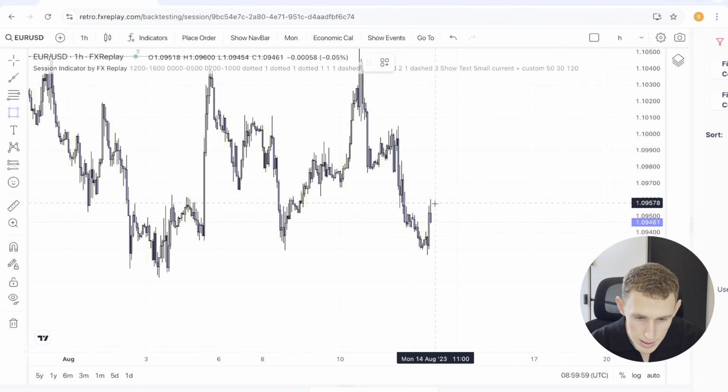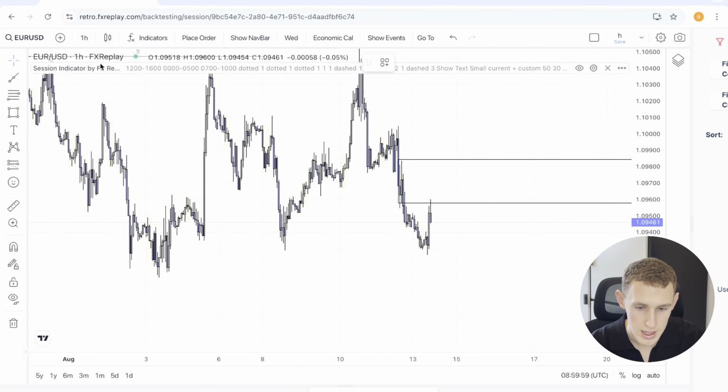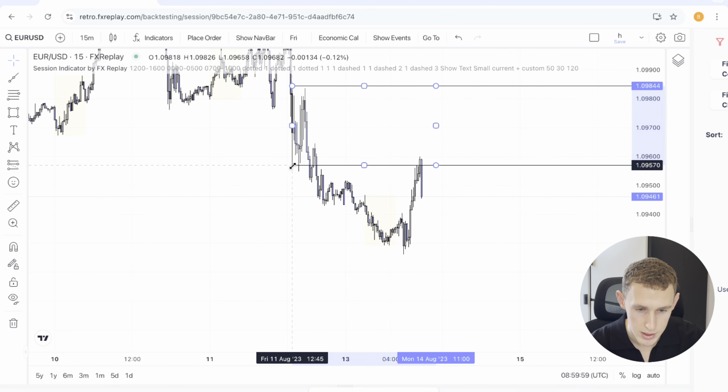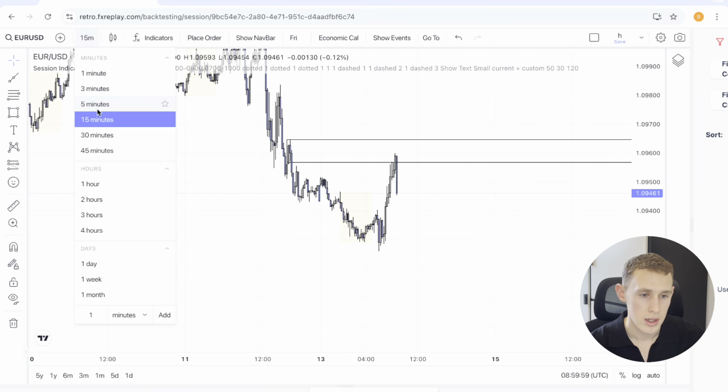Okay, so price has come down, pulled back. It's currently reacting from this supply zone. Asia high has been taken out. I'm just going to refine this as well to this M15 zone.